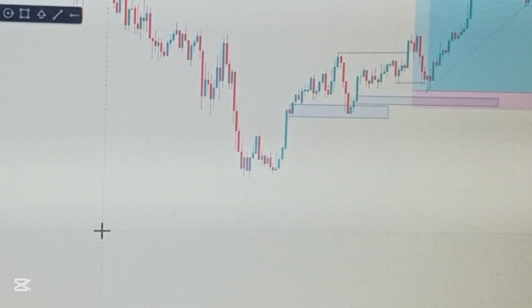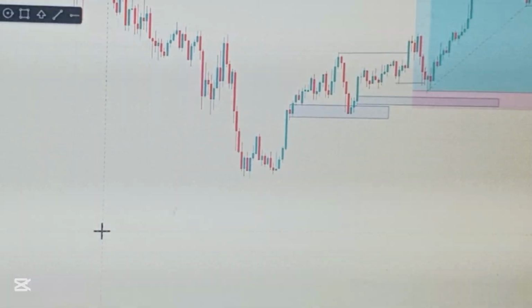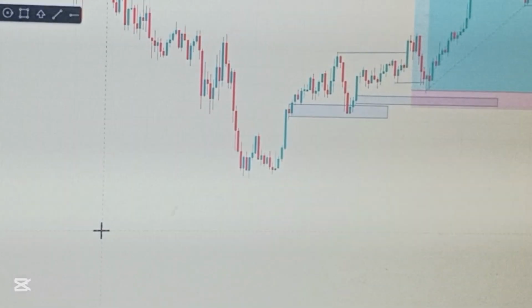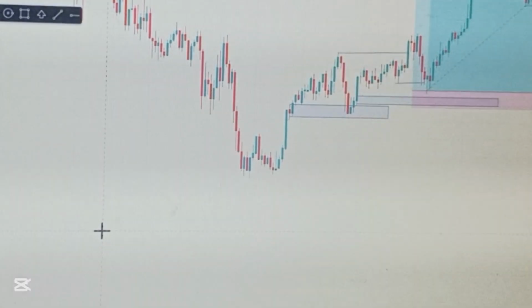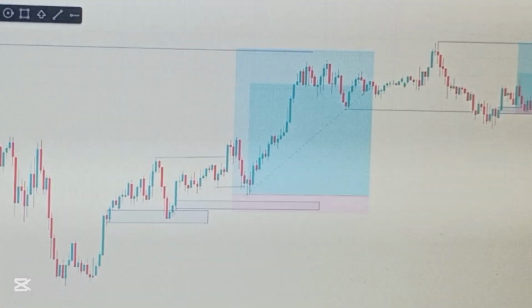But when I switched to the higher time frame, I saw that there was a breaker block in the previous market structure where the market was selling. So this market reacted to that breaker block that was far left behind. Once I saw the market start reacting, I waited for more confirmation.